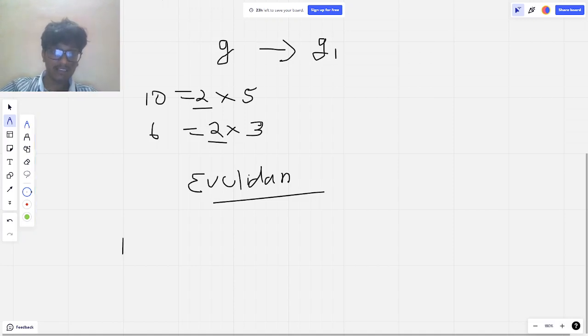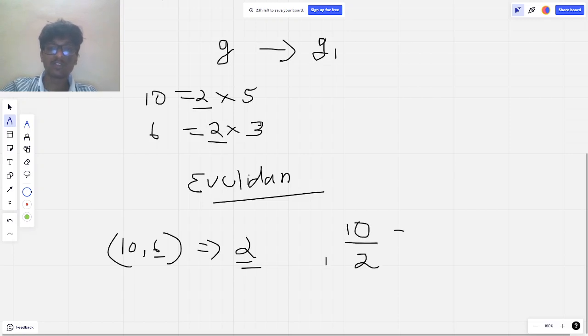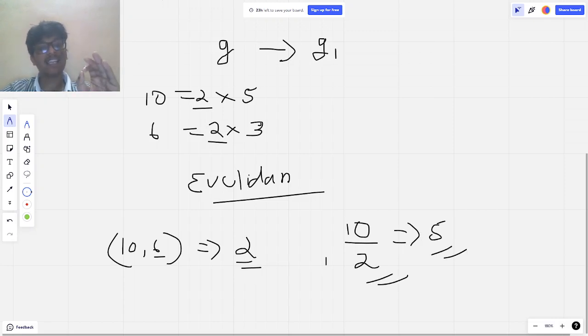For example, if our large number n was 10 and we randomly guessed and found g as 6, such that it has a shared factor with 10, using Euclidean we can find that the shared factor will be 2. So we will simply divide this large number 10 by 2, and we will get 5. So essentially, just by finding a number which has a shared factor with n, we find both factors.